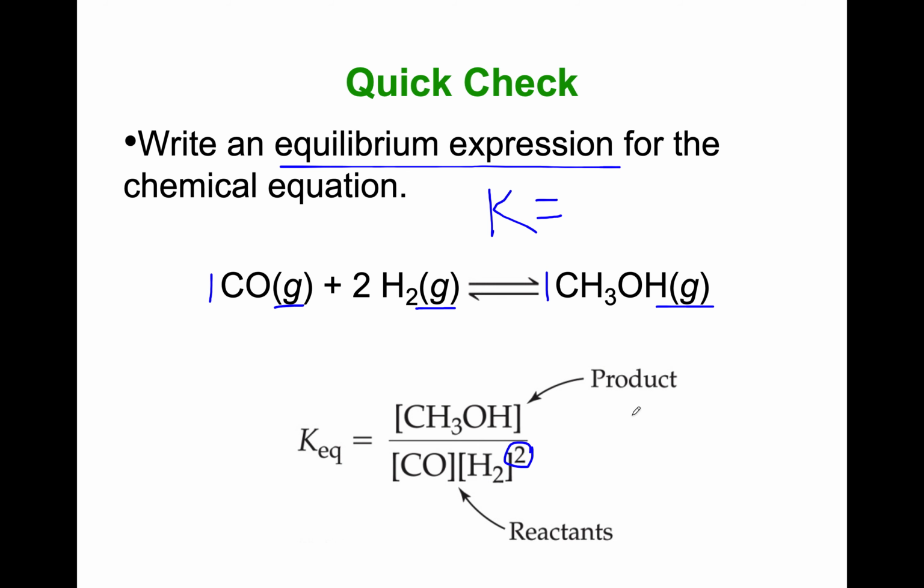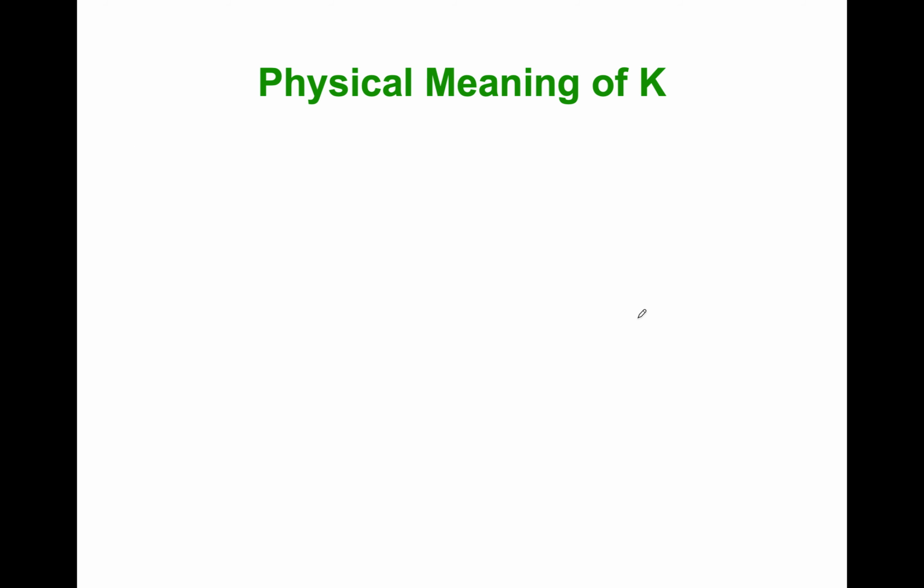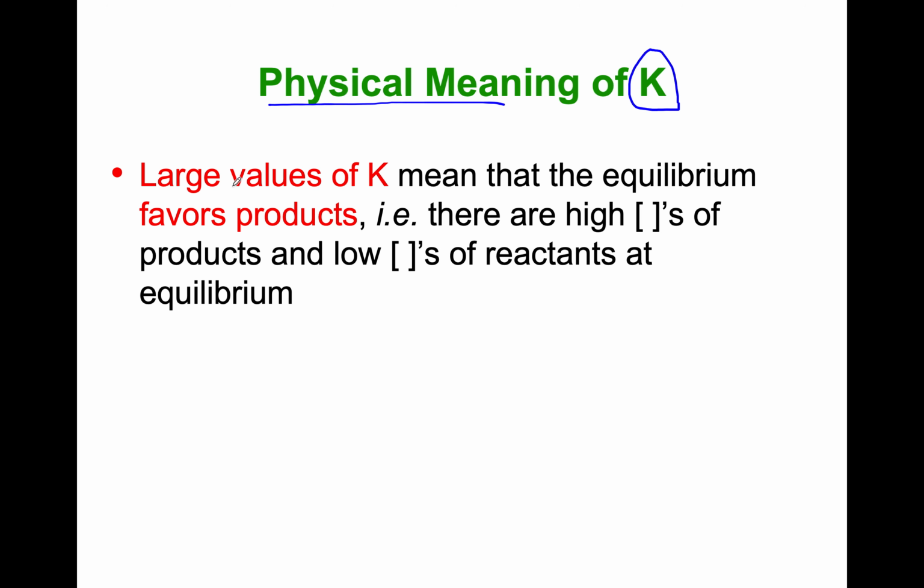So it's product divided by the reactants, and those are the exponents there. Okay, so what does this mean? We're setting up some K expressions, but how do we use that? Well, right away when you see K values now, you want to be able to take away some meaning. What does it mean? So let's say K equals 1,000. Okay, this is a large number, big number. Well, let's think about what our K is.